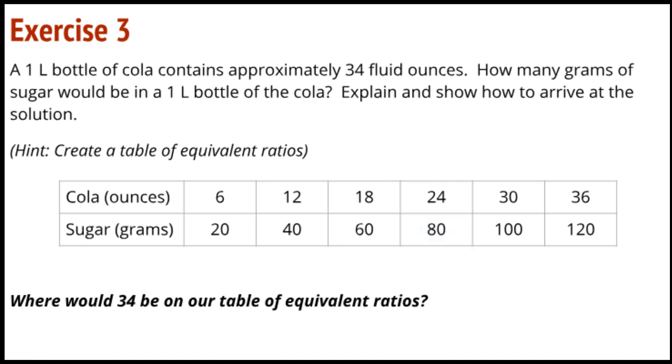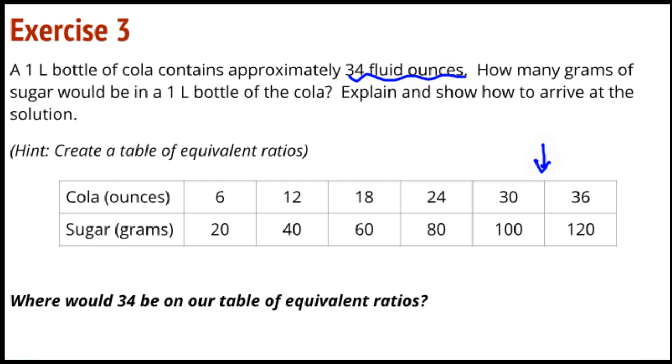Where would it be? Well, it would be in here someplace, but it's not there. So I can't answer this question with the information that I have on my table of equivalent ratios. So this is where the double number line comes in as being a little bit more powerful.